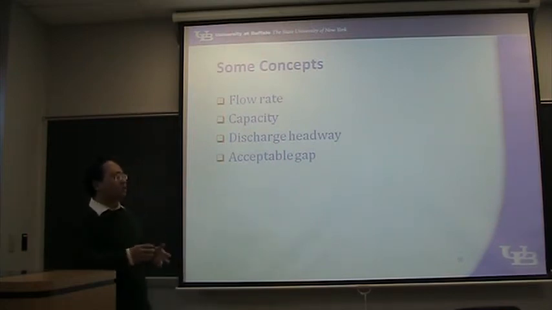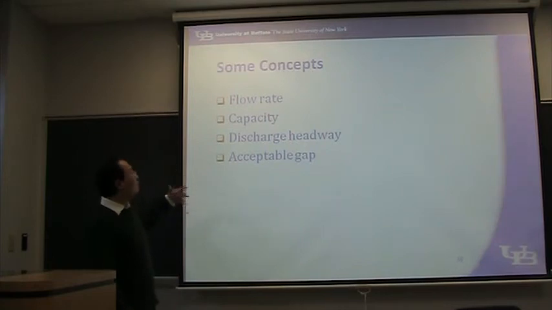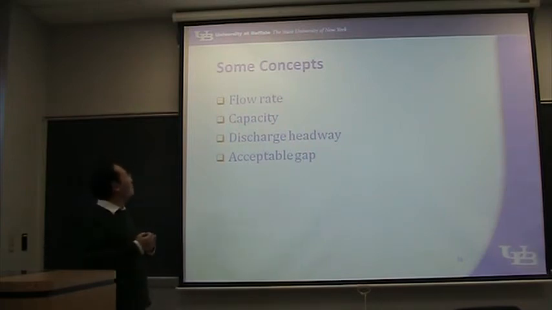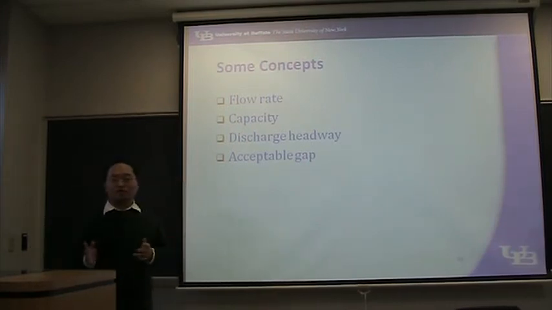So trucks will be multiplied by a factor. And in this way, we can get flow rate. So the unit of flow rate is still vehicle per hour, but that's for a standard vehicle. Then capacity. Capacity indicates the maximum flow rate at a point.